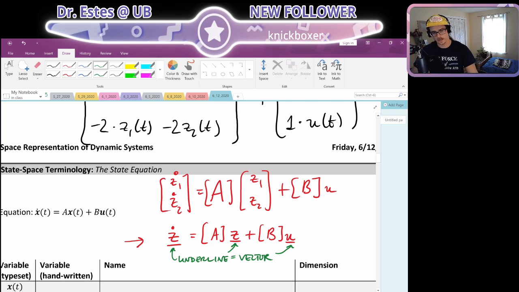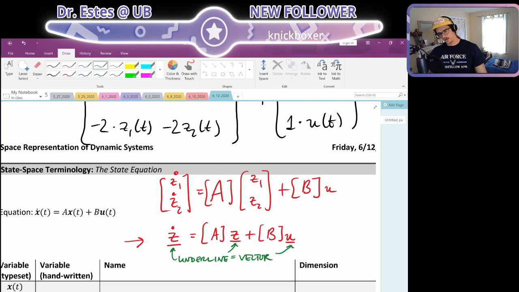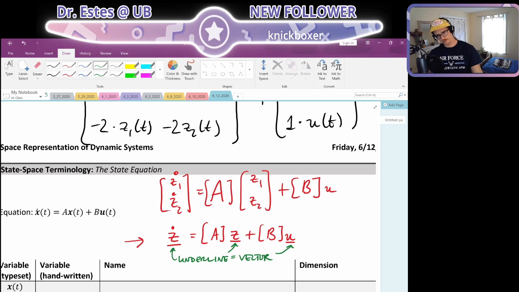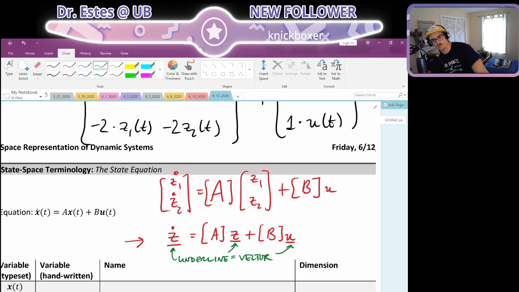Like if you think about an airplane, if you ever look at the wings, there's multiple surfaces on the wing that change to affect the motion of the airplane. They call those the flaps. They lift up and down, and there's more than one on each wing. So those could be considered different control inputs.